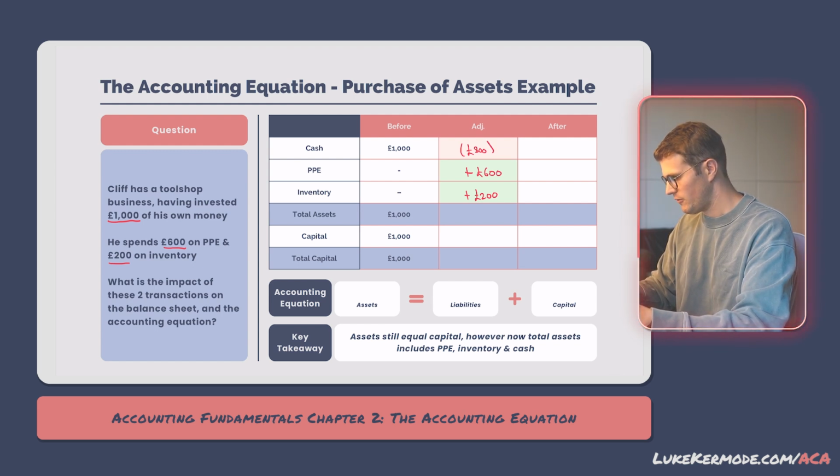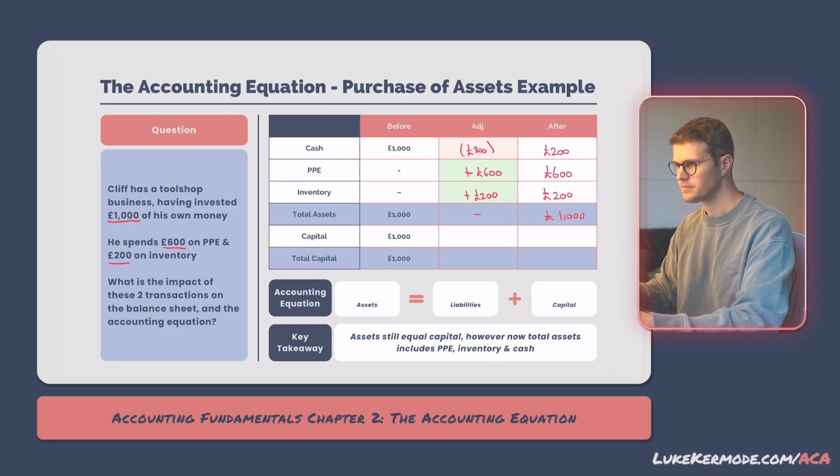So if we make the relevant adjustments, we have £200 worth of cash, £600 of PPE, and £200 of inventory, which means that total assets are unchanged at £1,000.